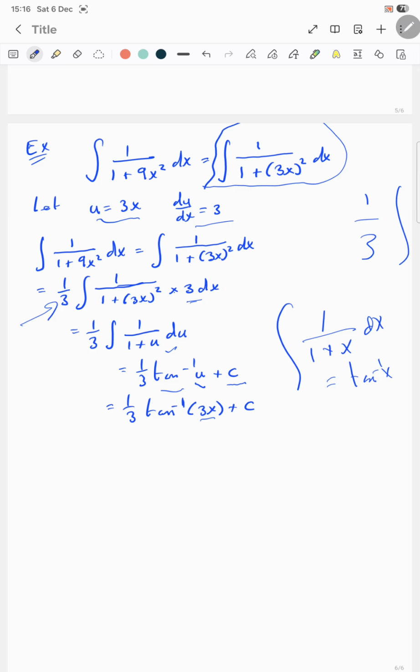A quick note, this constant of integration can say, if you're integrating something to do with a quadratic, then this constant can be like how far up the axis you are here.